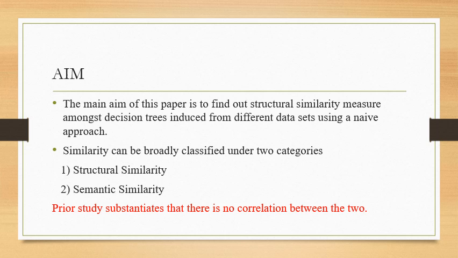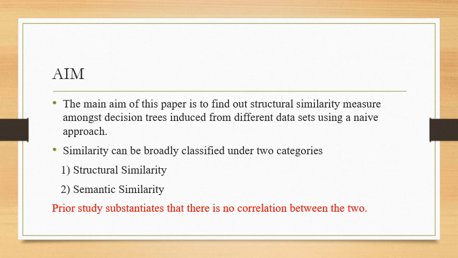Before talking about the structural similarity, I would just like to clarify one thing: similarities between decision trees can be classified under two categories, structural as well as semantic similarity. The prior study substantiates that there is no correlation between the two, and there has been a lot of research on the semantic part.